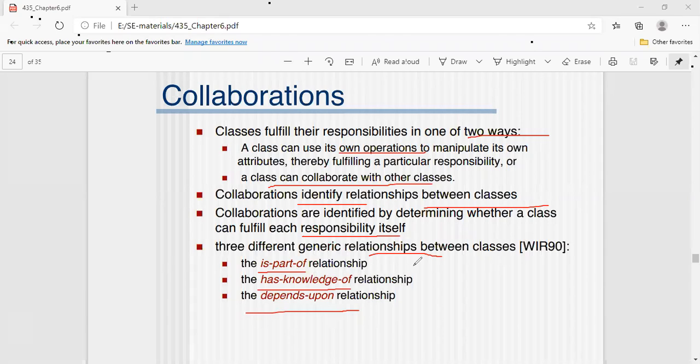Till now we have discussed the CRC, and the CRC model can be represented by using cards. That card may have three parts. The first part is the class name and description. The second part is the responsibility, and the third part is the collaboration. So we have finished off the CRC models.